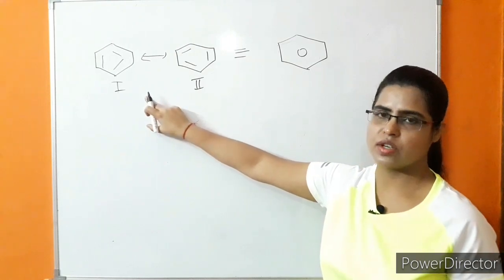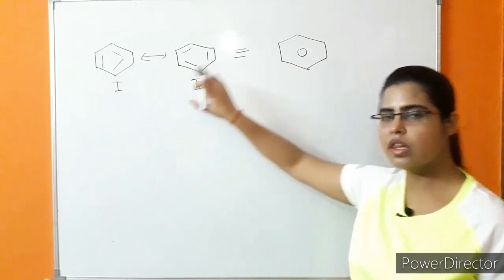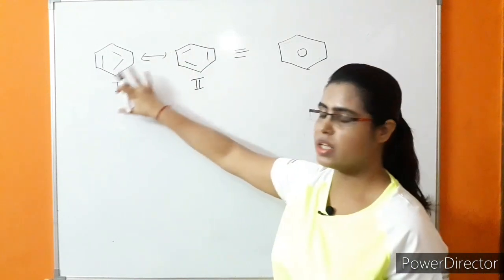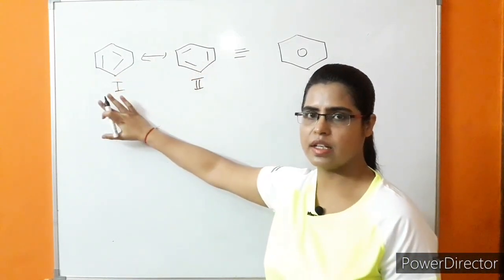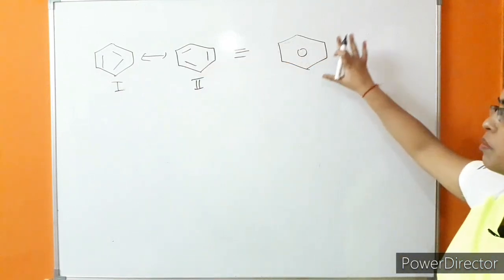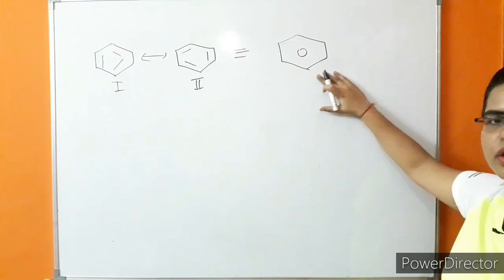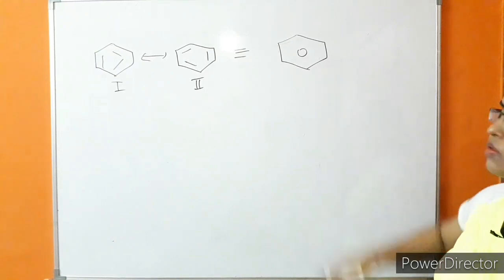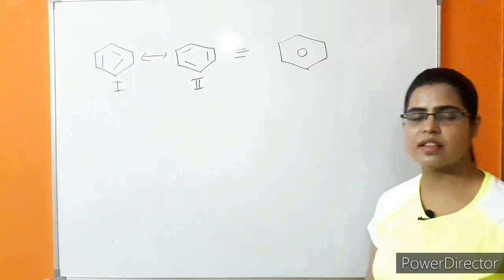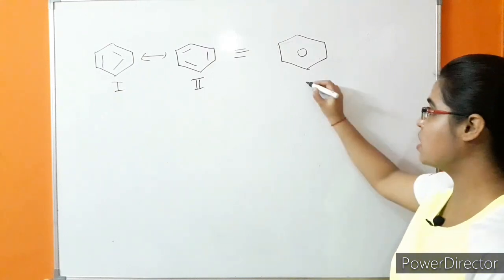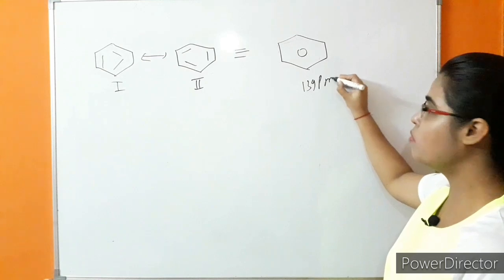Individual canonical structures will not explain all the properties of the resonance hybrid, whereas the combination of these two canonical structures will represent the properties of the resonance hybrid. Because of this reason, the carbon-carbon bond length observed in the benzene ring was about 139 picometer.